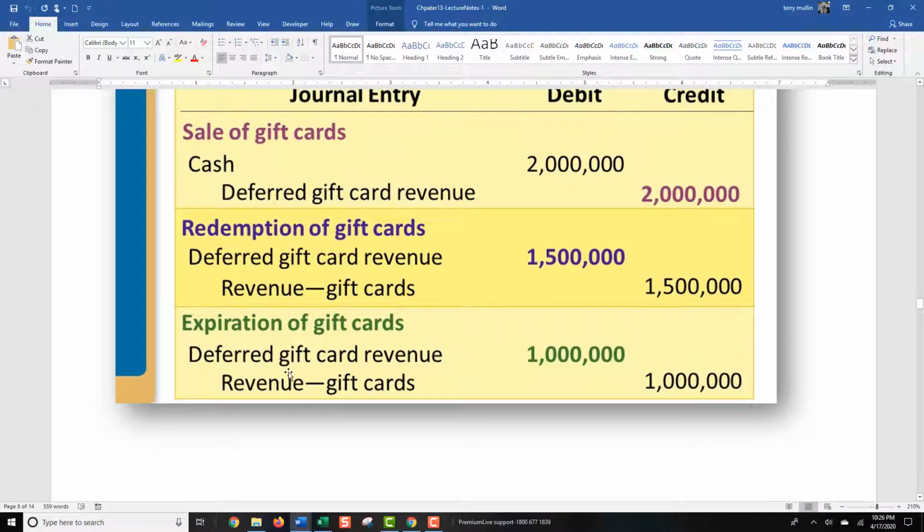But when people then don't use the gift cards and the gift cards expire, you put on the gift card has to be used within 1 year, then the dollar value of the gift cards that expires, now you take that liability off the books and you record that as revenue.